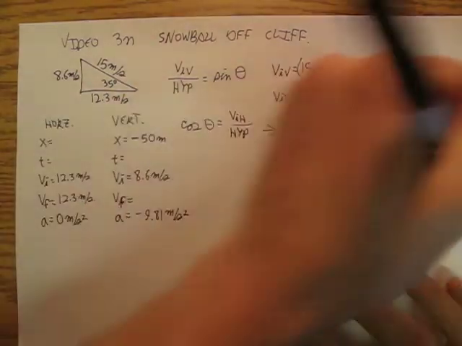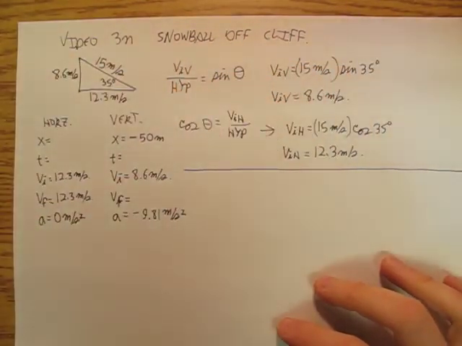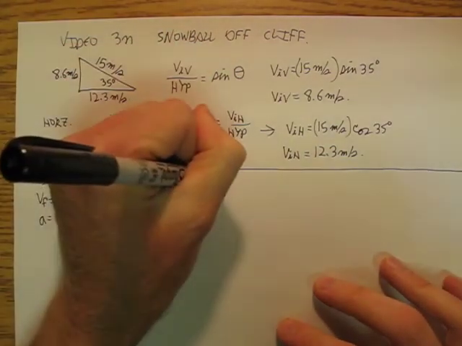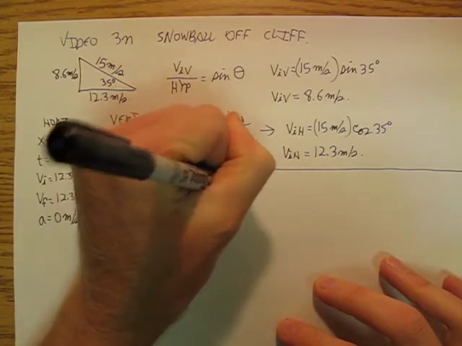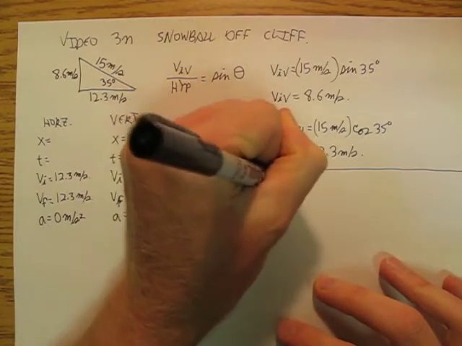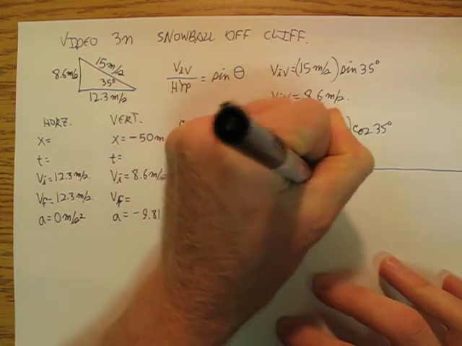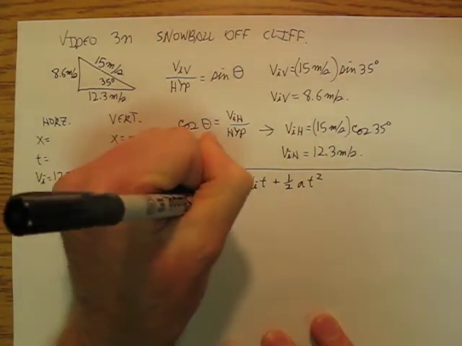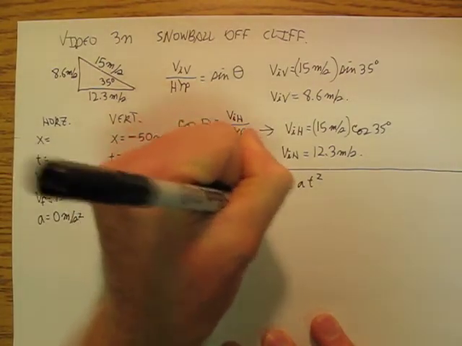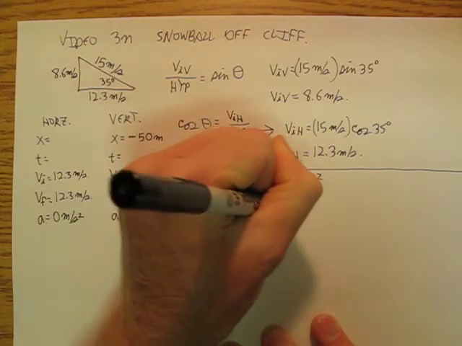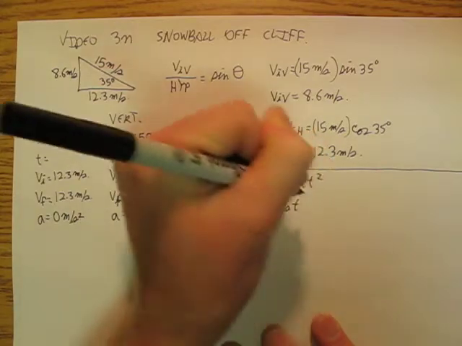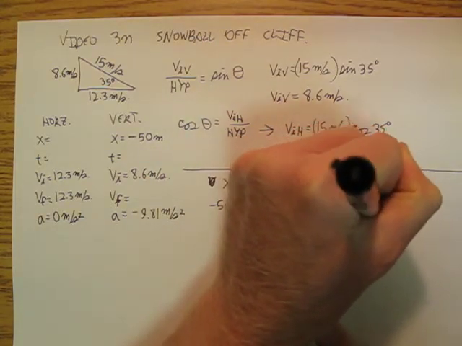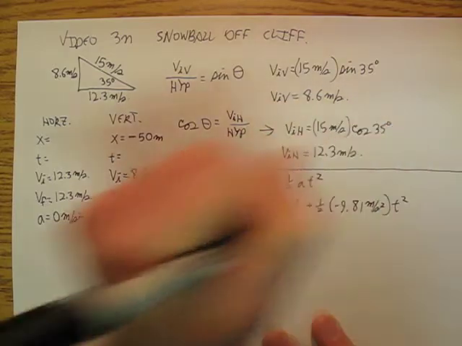Okay, so if I want to solve for t now, how long is it going to spend in the air? I have this equation. And so that's going to be negative 50 meters equals 8.6 meters per second t plus 1/2 negative 9.81 meters per second squared t squared.